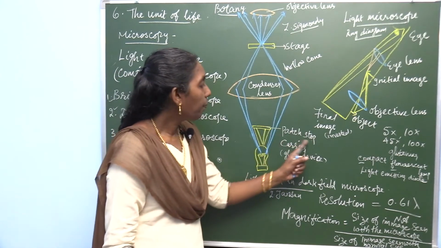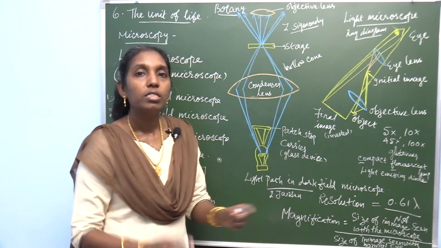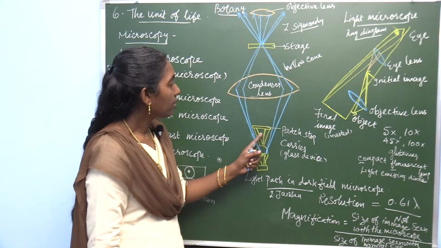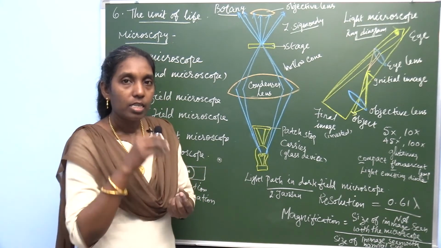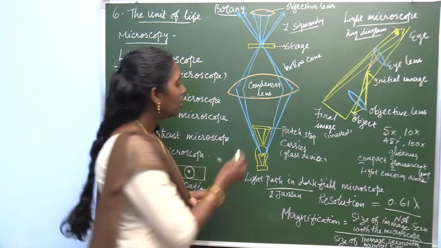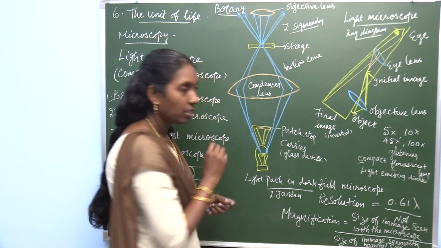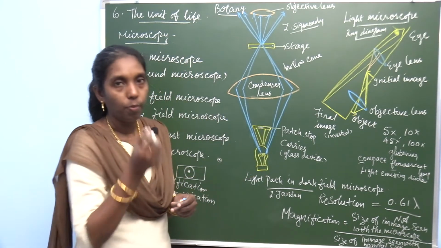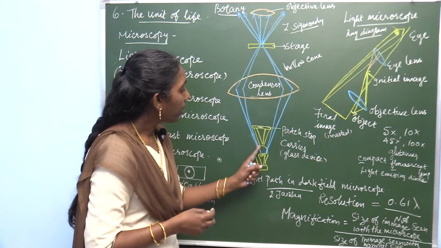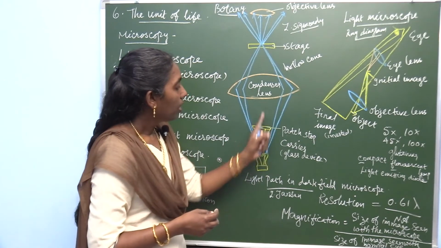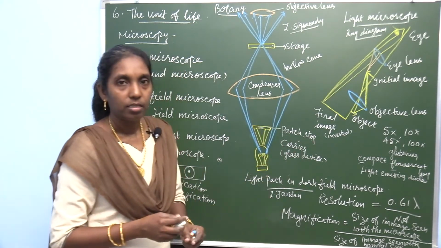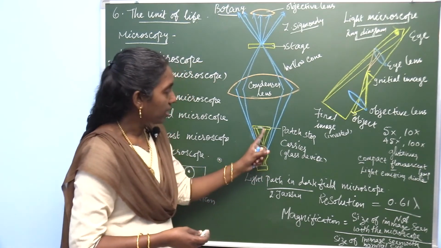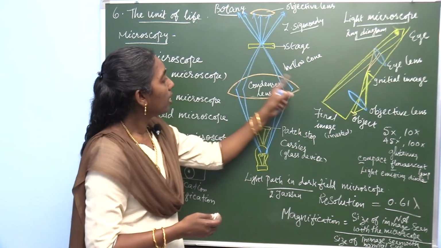Here there is a patch stop carrier, which is the glass device. This glass device contains a central patch. In the center region there is a patch, and between the margin and the center it leaves a small opening. The source of light enters through this patch stop carrier. Here there is a condenser lens.